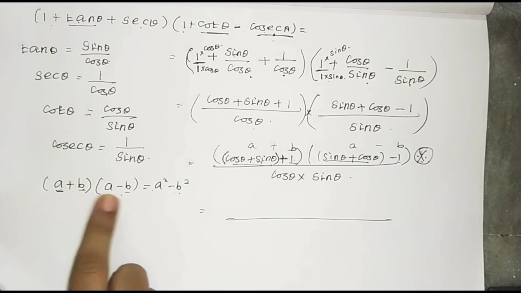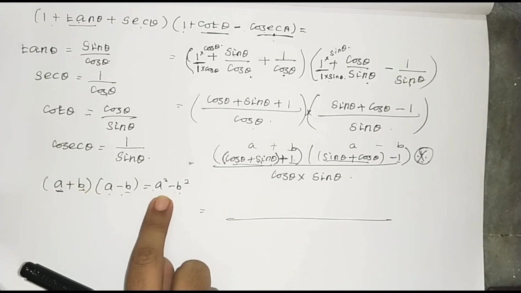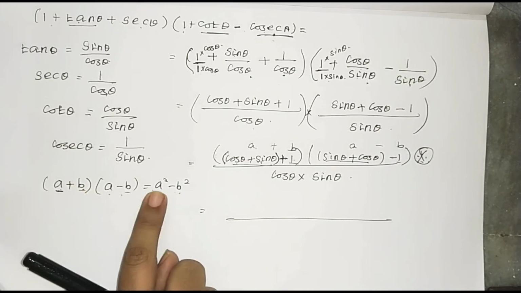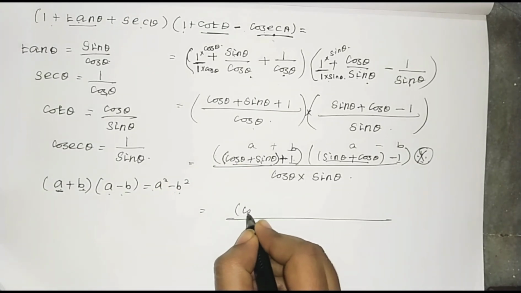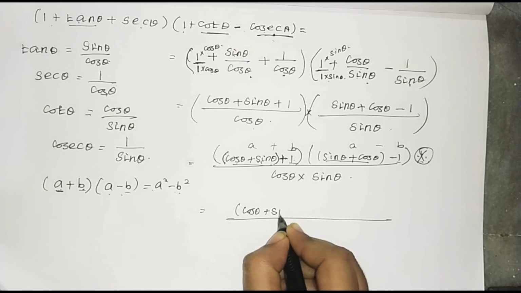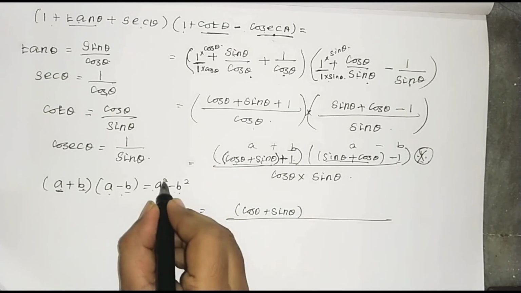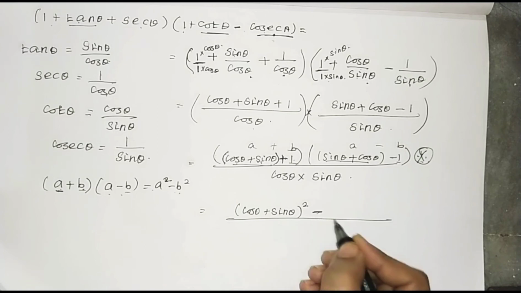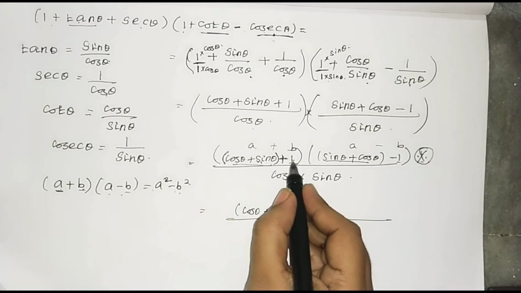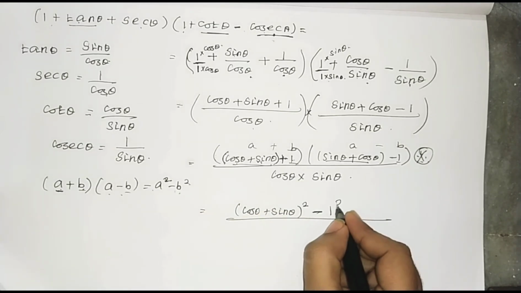What is the formula for a plus b and a minus b? A square minus b square. A square means, in place of a we consider cos theta plus sin theta whole square, minus b square. Instead of b we write 1 square.